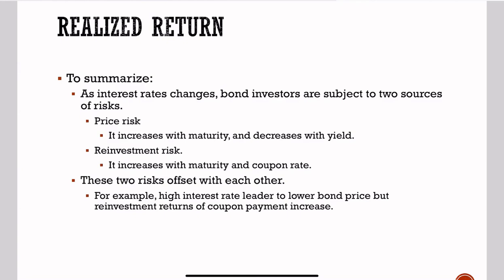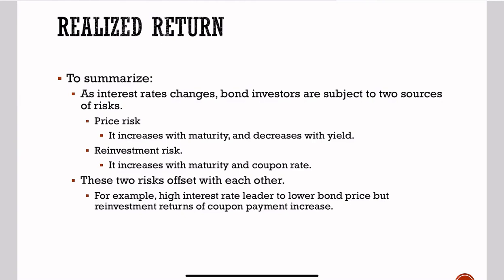We have learned different factors that could affect this price risk. For example, if a bond has a longer maturity, then it suffers more from this price risk. And if the yield of the bond is higher, then the bond would suffer less from this price risk. The second type of risk is reinvestment risk.